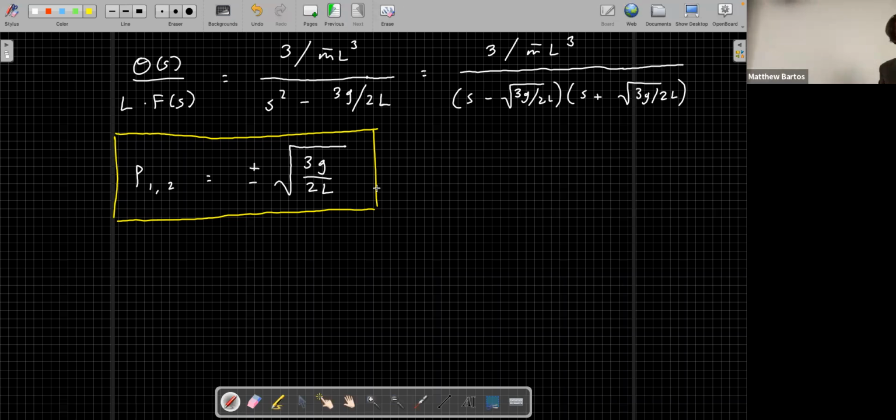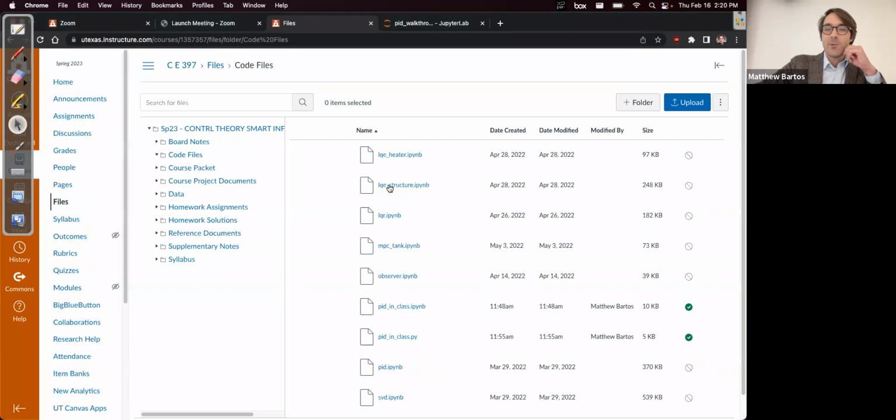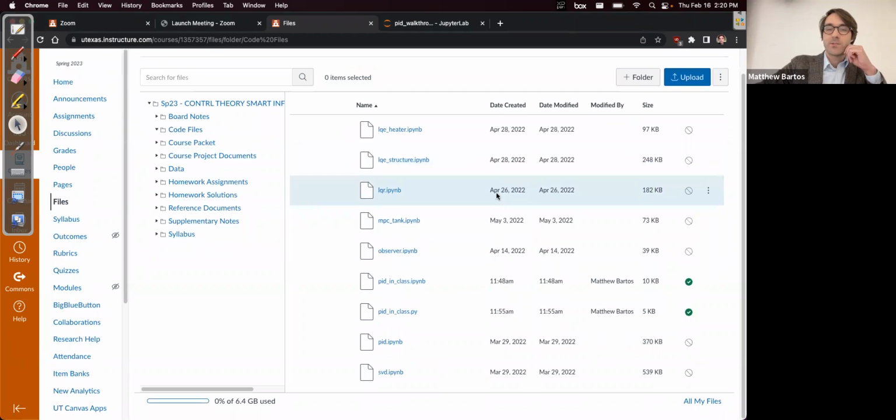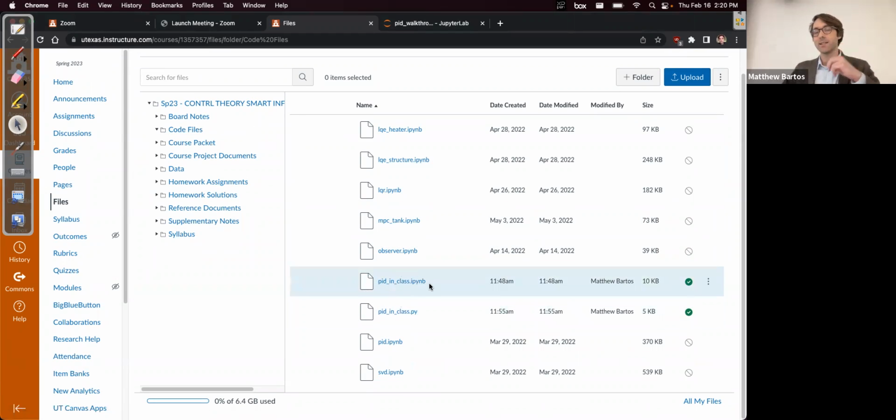What I'm going to do now is simulate this system. If you want to follow along, I've uploaded code to Canvas under Files, Code Files, and I have two files there. One is called PID in class.ipynb, a Jupyter Python notebook that you can follow along with.